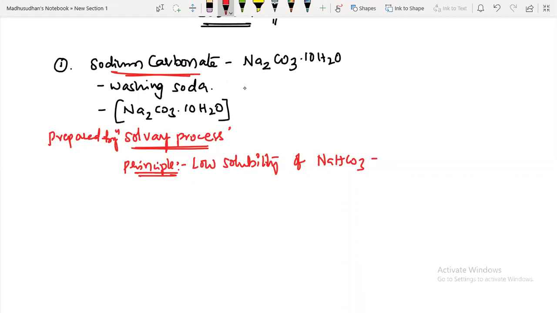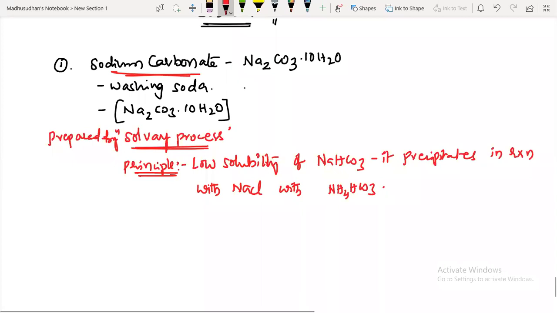Due to low solubility, it precipitates readily in reaction with sodium chloride and with ammonium hydrogen carbonate, that is, ammonium bicarbonate.